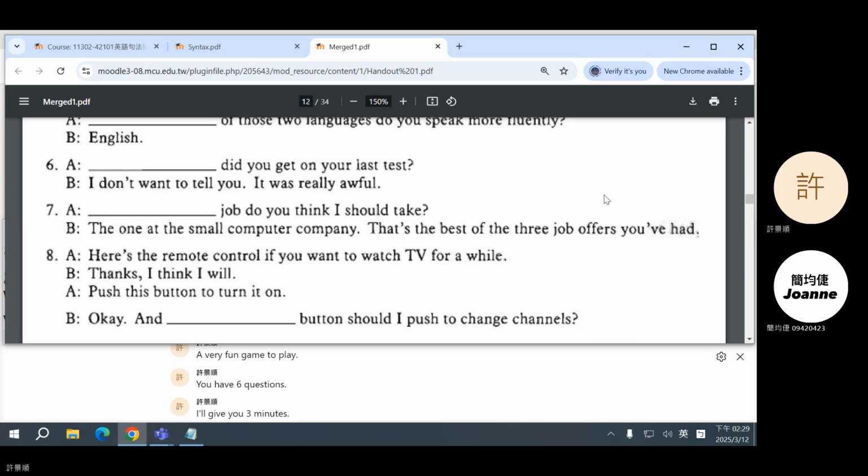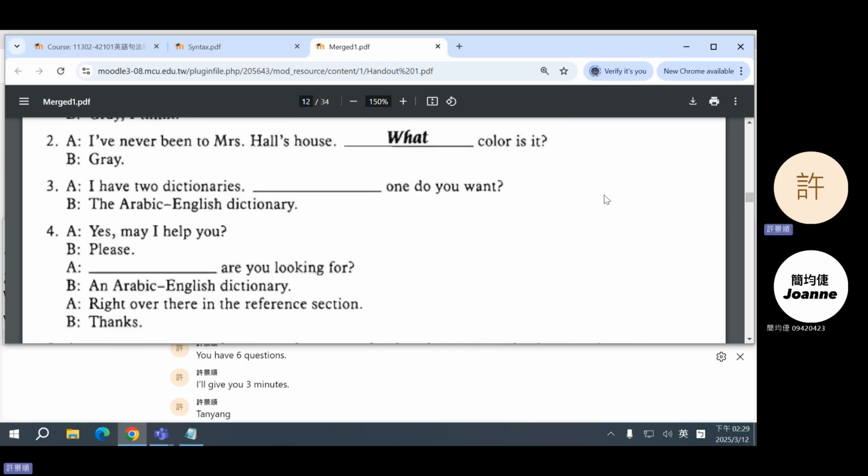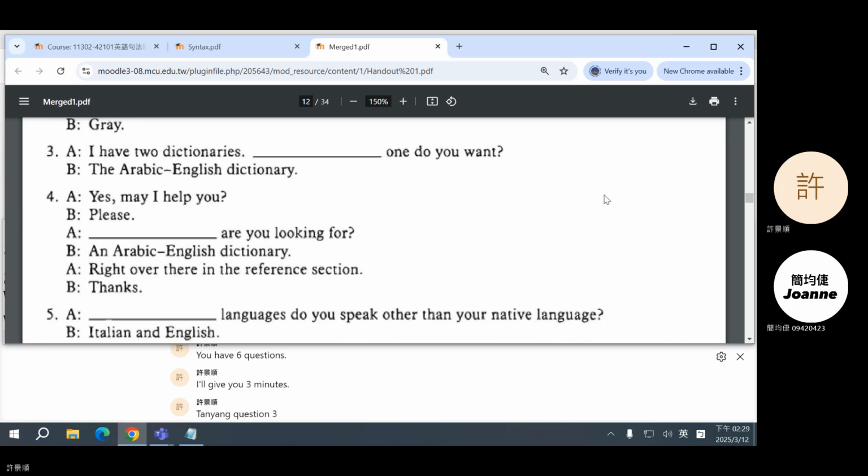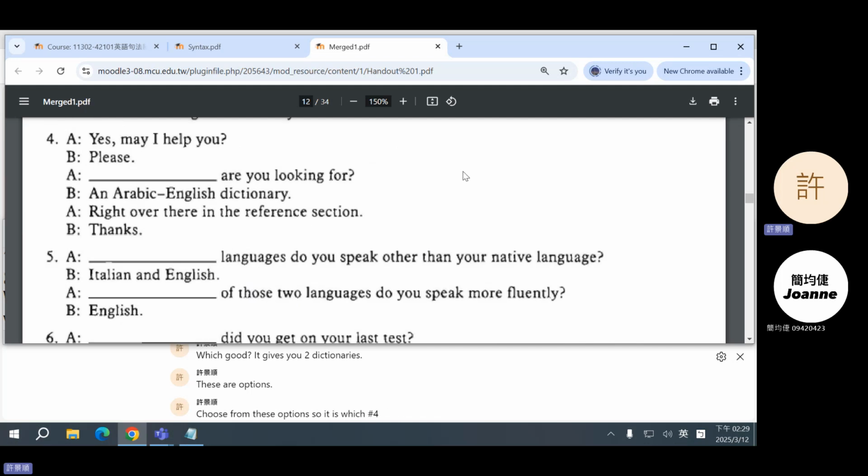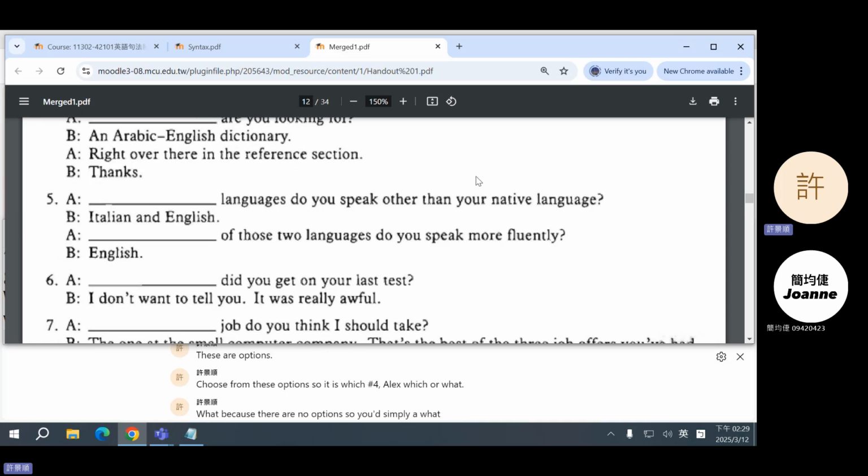Daliang, question 3. Which or what? Which? Good. It gives you 2 dictionaries. These are options. Choose from these options, so it is which. Number 4, Alex, which or what? What? Because there are no options. So you simply use what. Number 5, Judy, which or what?